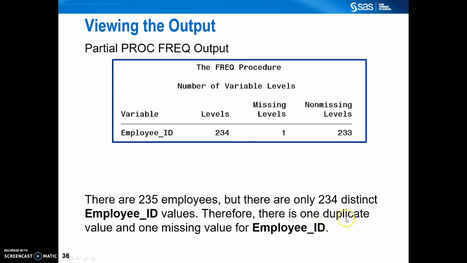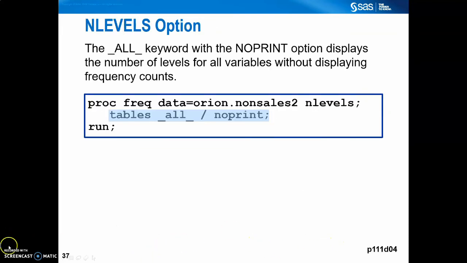Therefore, there is 1 duplicate value and 1 missing value for employee_ID. Furthermore, the NLEVELS option can also be used together with the _ALL_ keyword and with the NOPRINT option in order to display the number of levels for all variables without displaying frequency counts. So this is the way of how we write the statement.